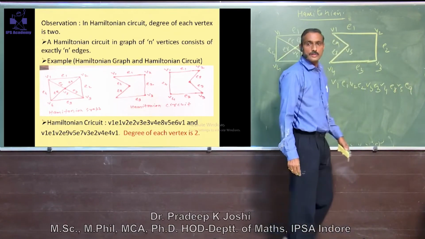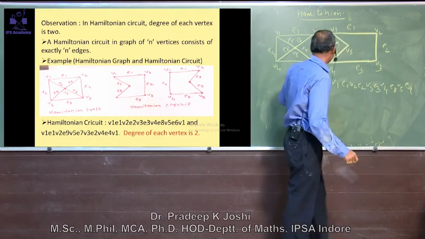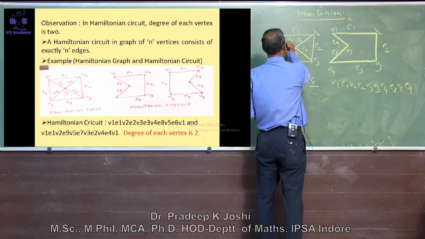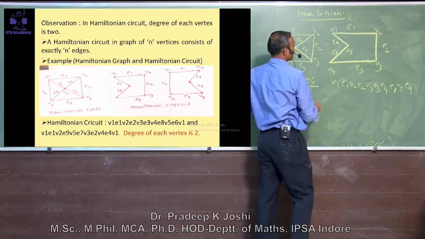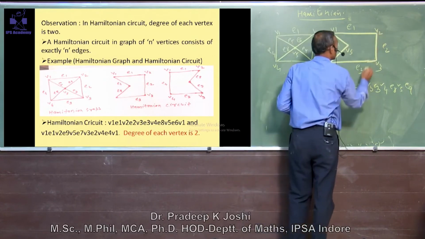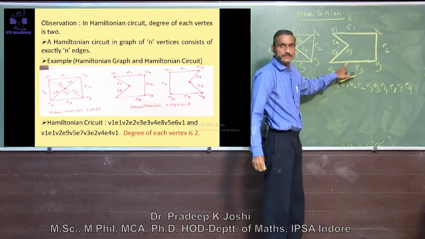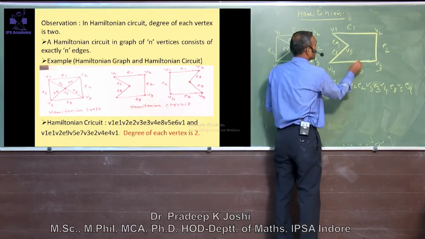Just to see how many vertices are in graph G: 1, 2, 3, 4, 5. The number of edges in the Hamiltonian circuit is also 5.